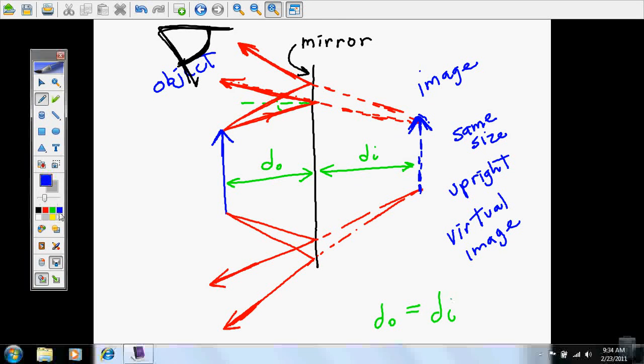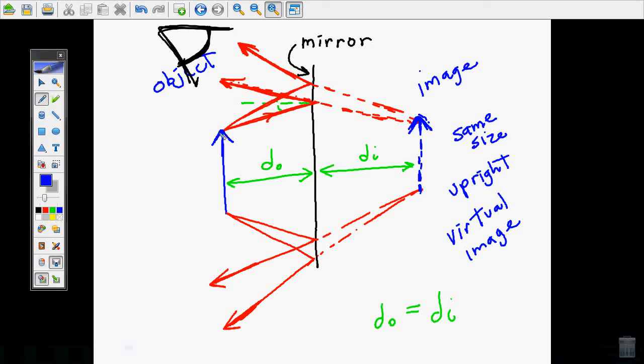So if this right here is 3 feet out in front of the mirror, then the head would be 3 feet into the mirror. If the feet are 3 feet out in front of the mirror, the feet are 3 feet into the mirror here.